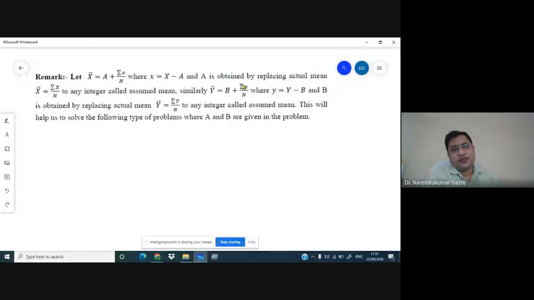Once we know the summation of small x and small y, we are able to use the formula. So what is the formula we have?